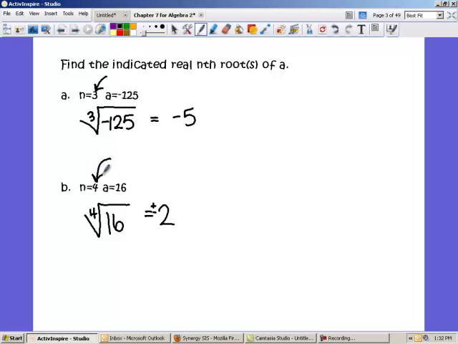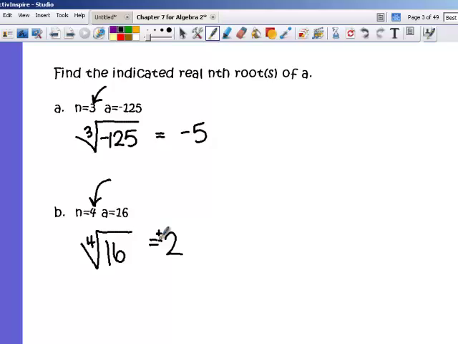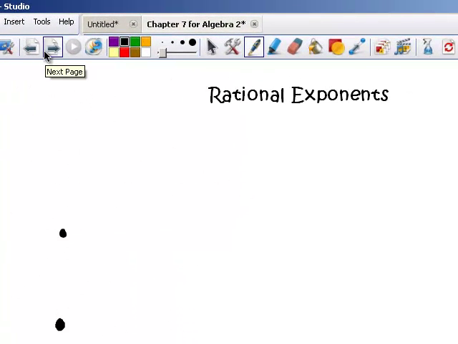And if your root is an even number, which 4 is, you will always have plus minus on your answer because either one of them will work. Okay, rational exponents. There are two rules that you need to know in this section. I'm going to go ahead and write these down.